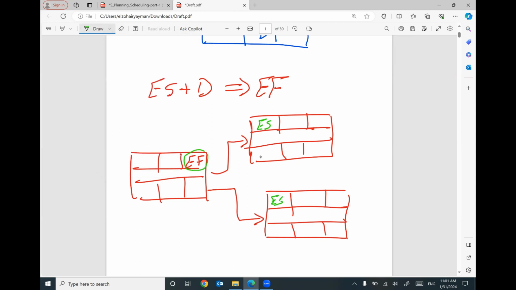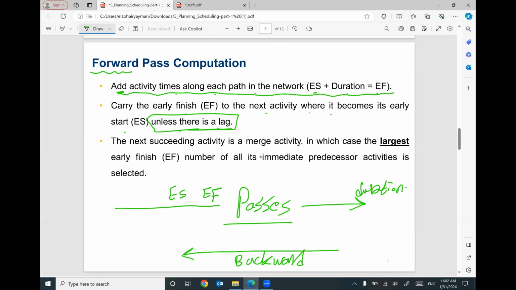So this number will be the same as this number and the same as this number. These are the successor activities, or the following activities. So after you finish this activity, I can start these two activities. That means the early finish of this activity will represent the same numbers for early start for this one and this one.